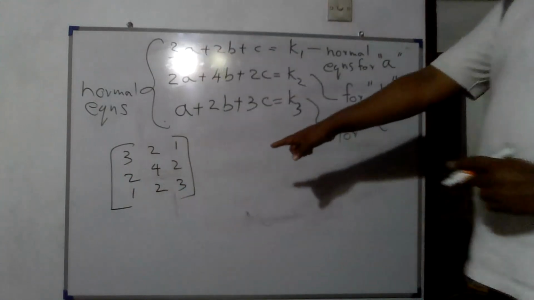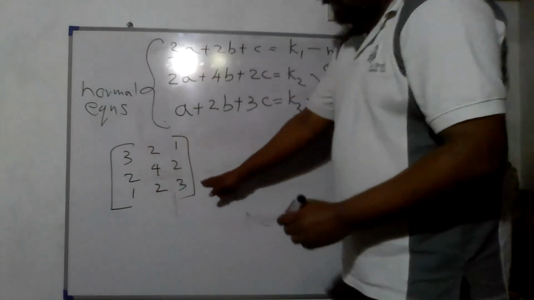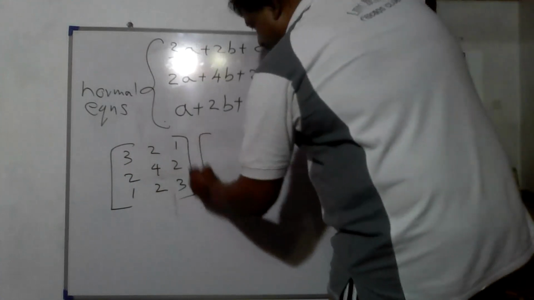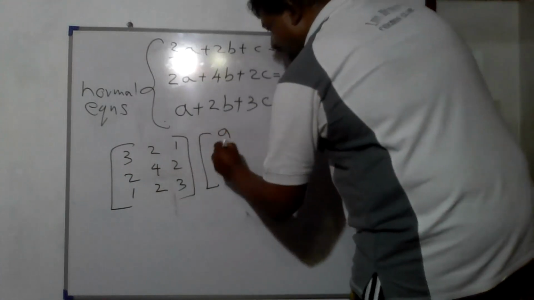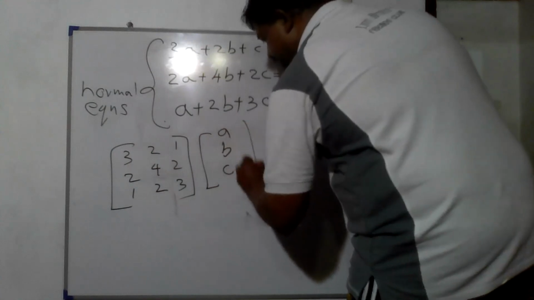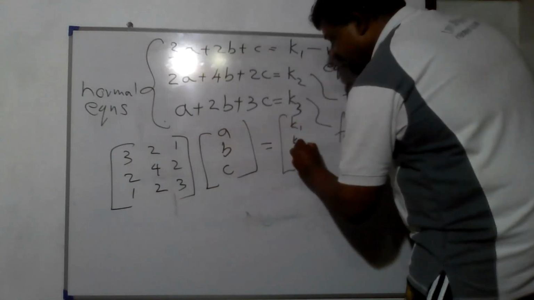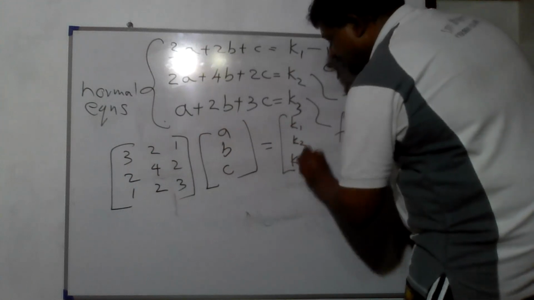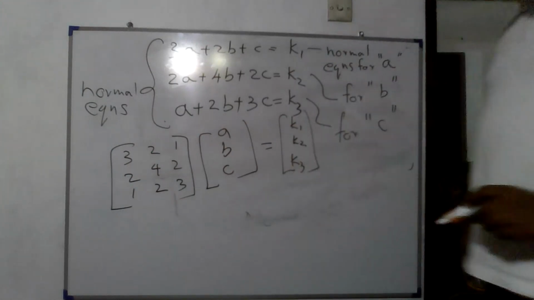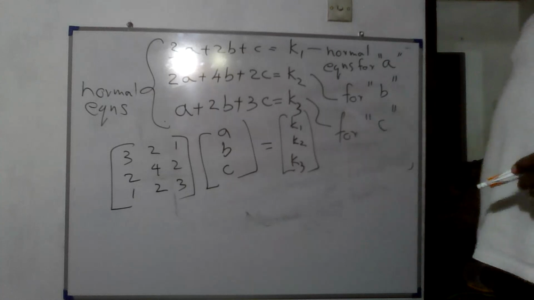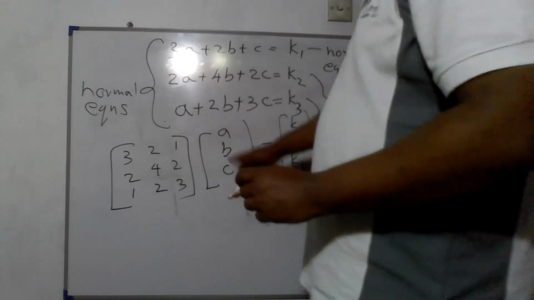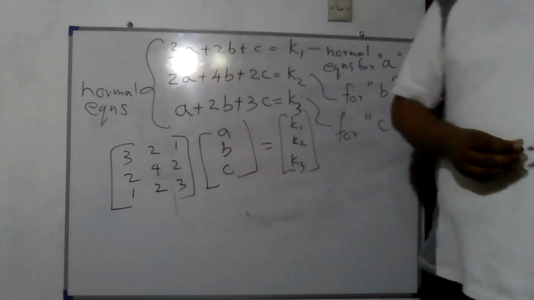And you can see the matrix is the symmetric one, right? A, B, C, and you have K1, K2, K3 here. Okay. So with this, you can simply solve this equation and obtain values for A, B, C, right?